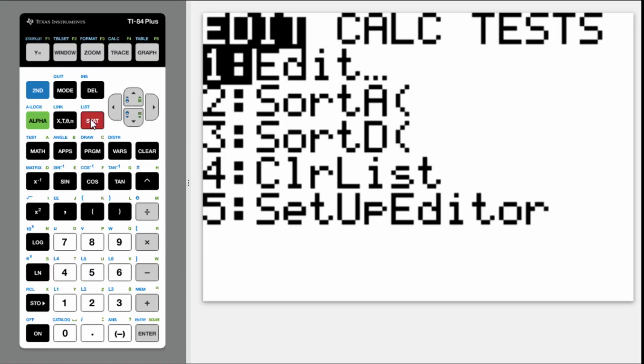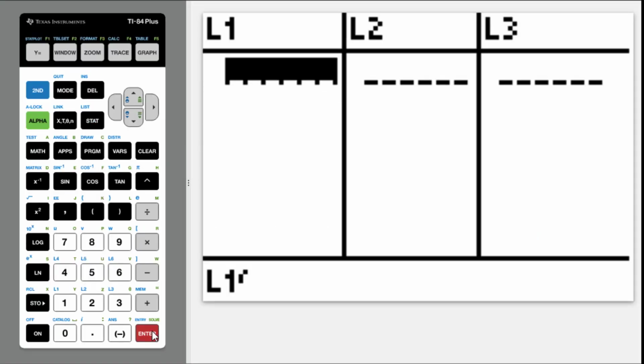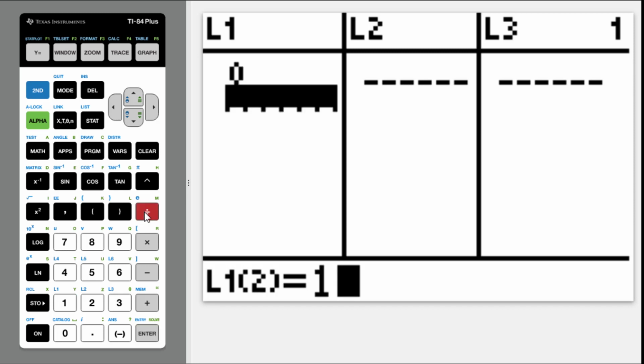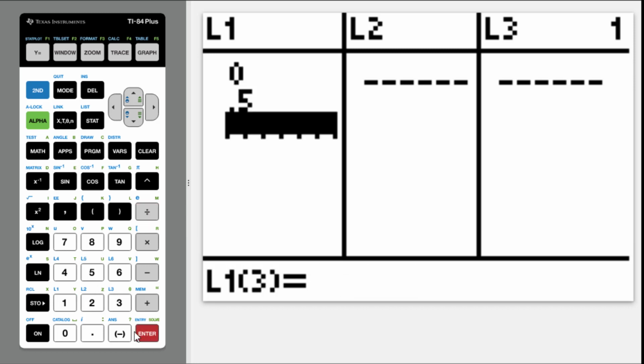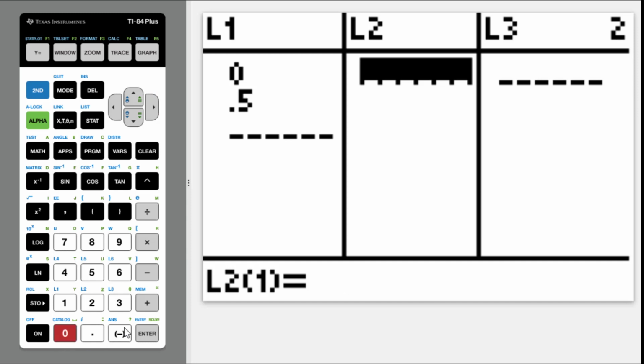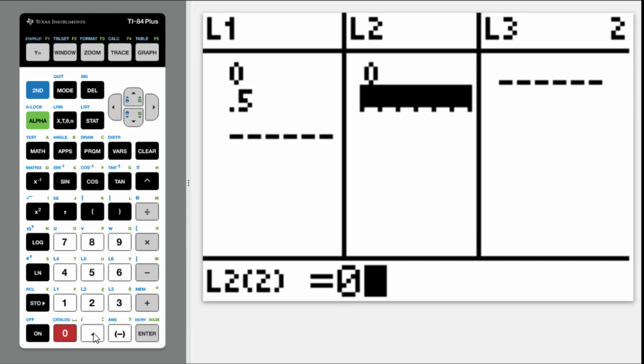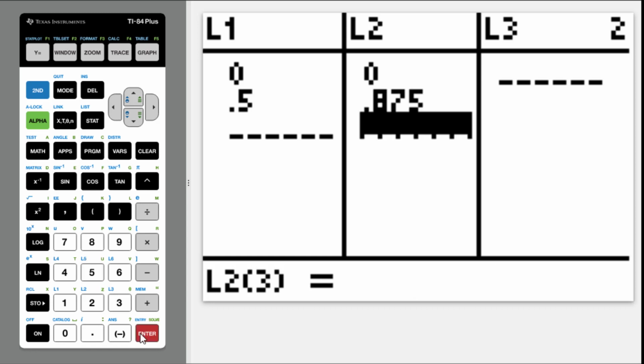First of all, we go to stat, enter, 0, enter, 1 divided by 2, enter, L2, 0, enter, 0.875, enter.